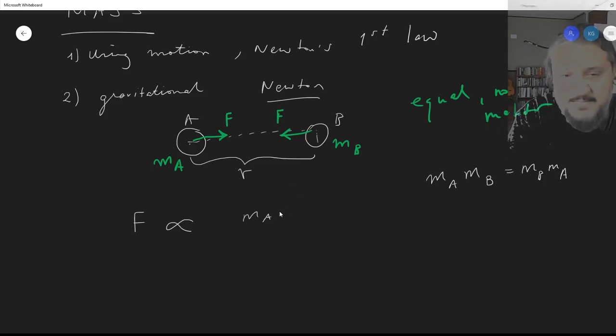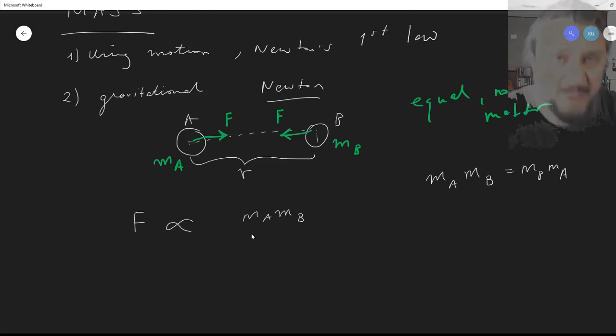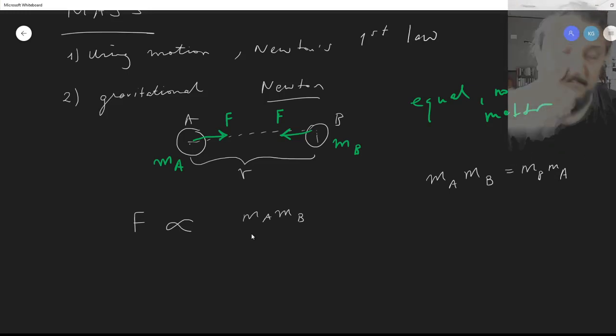If I add them, I will lose that. So I have to multiply them. Okay? Furthermore, I know that if these objects are close to each other, the force is great. I mean, Earth pulls the moon, but if the moon was 10 times farther, maybe the moon was going to fly away, right?